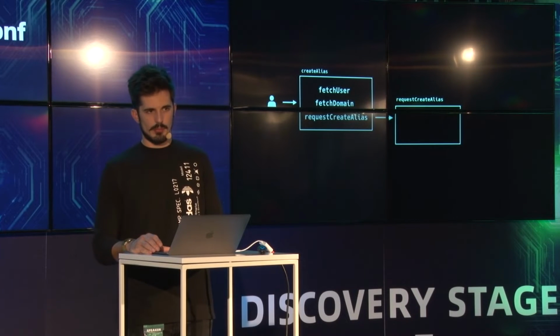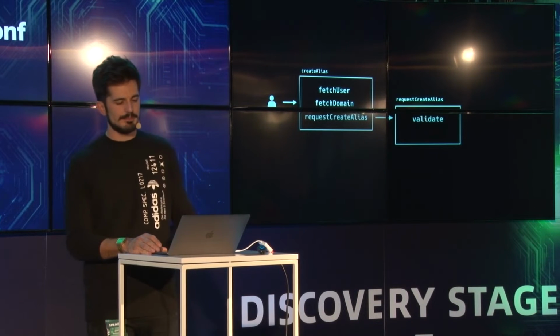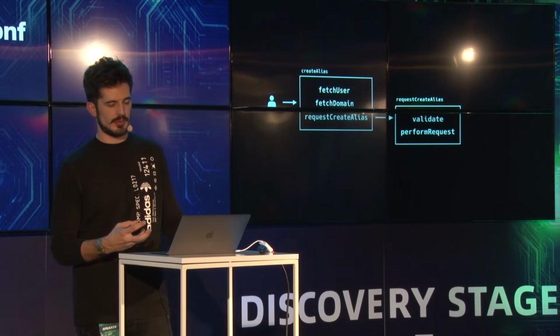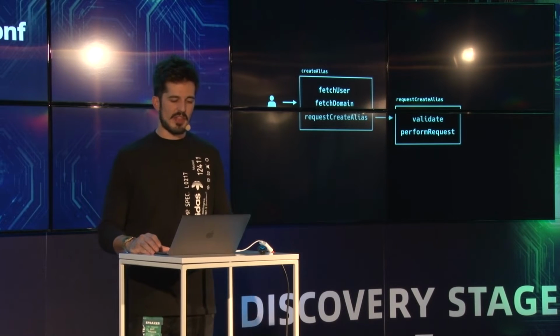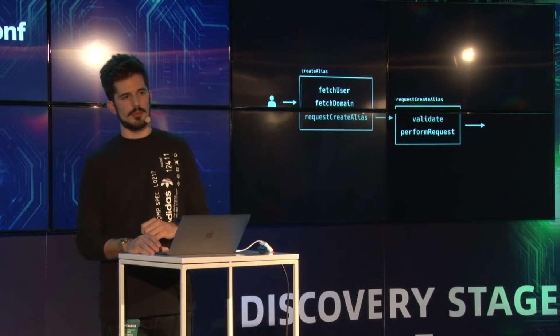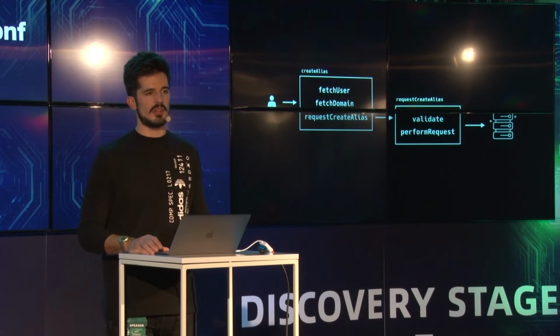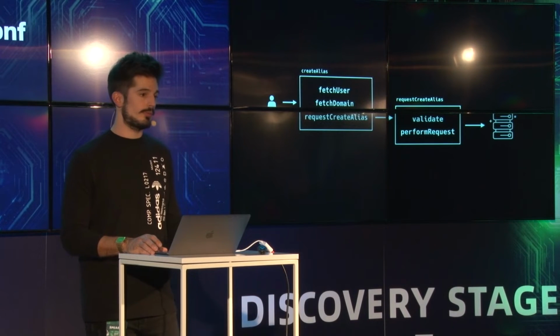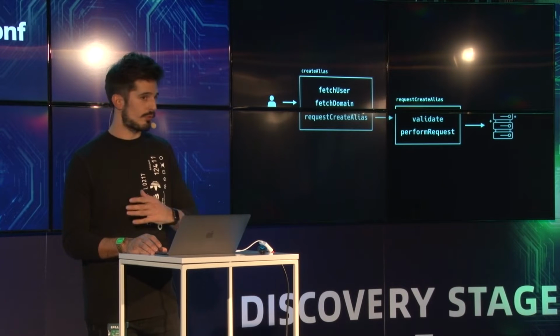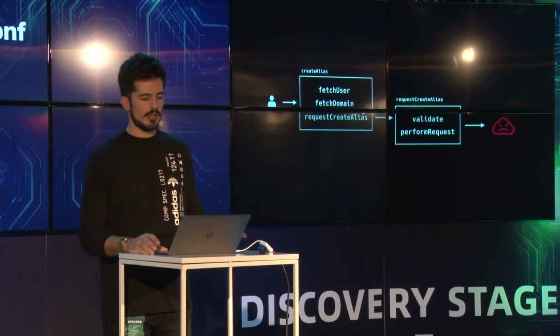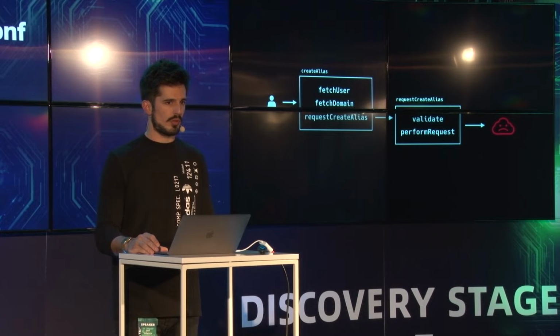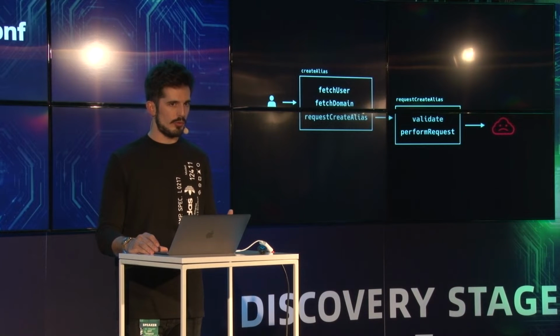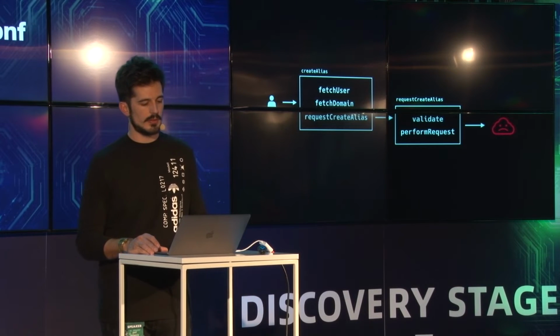That function maybe validates the data, and then it performs the request. And that request is going to hit the server. But you know what happened? The server can return an error because you're missing a certificate, for example, or for whatever other reason. Anyway, it's going to fail. It's going to give you an error code, maybe some payload. We will speak later about this.